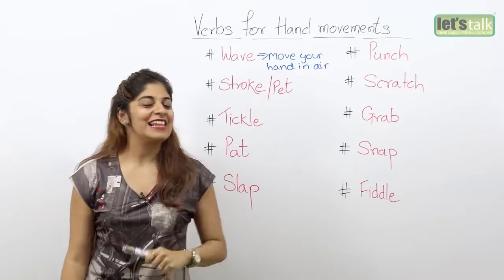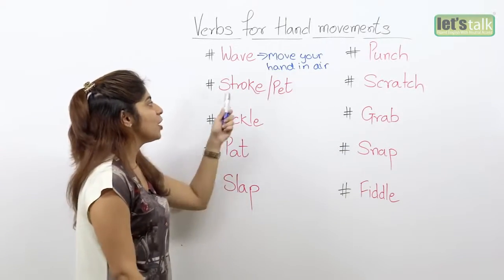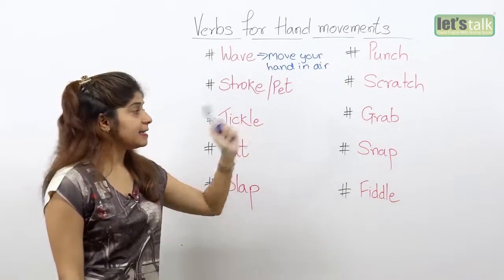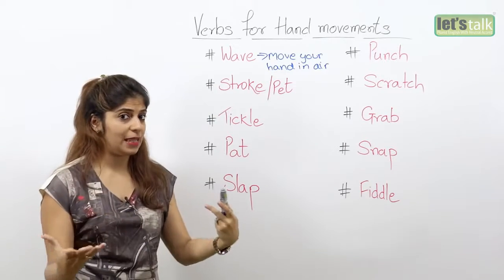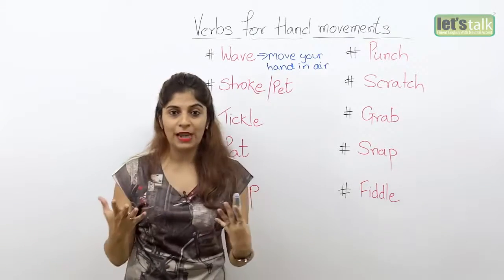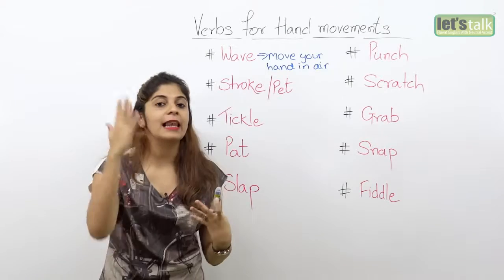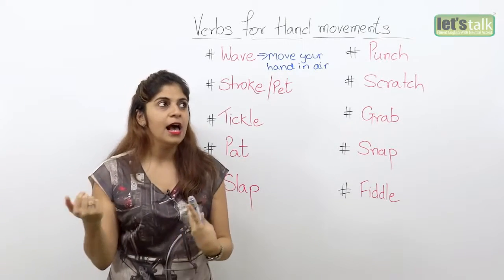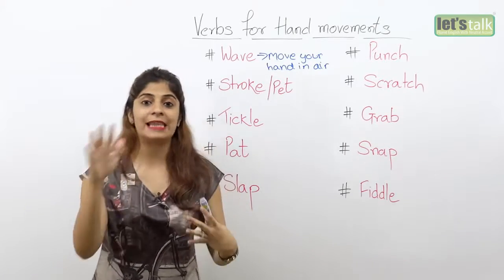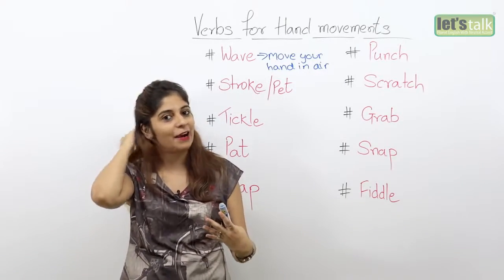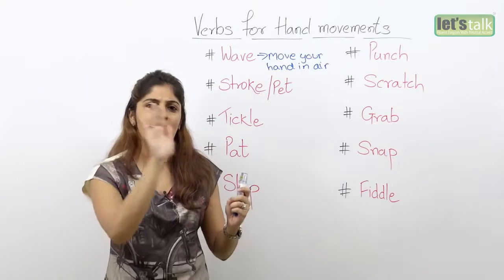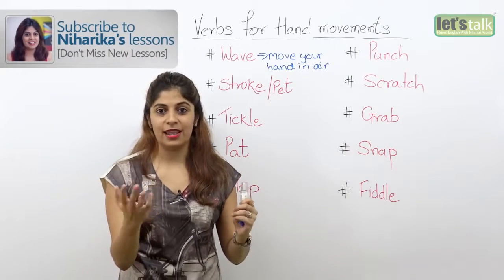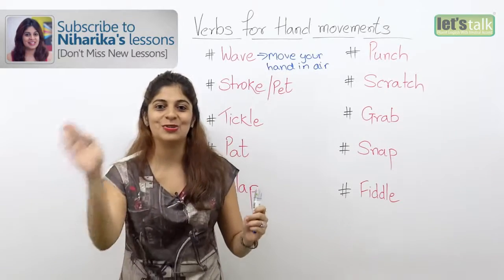Let's have a look at another verb, which is stroke, or even the verb pet. It has the same meaning. So what exactly does it mean? Well, with an open hand, when you take long hand movements, either on someone's skin or on someone's hair, when you're trying to show love to someone, or maybe you are petting an animal, an animal's fur, you tend to do this.